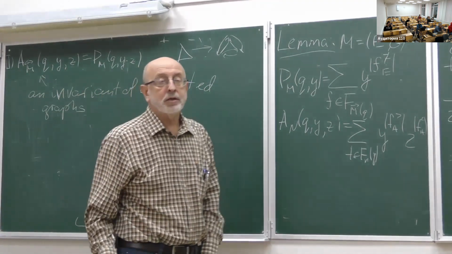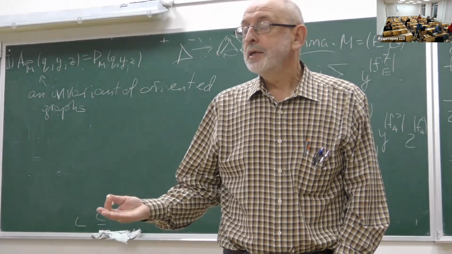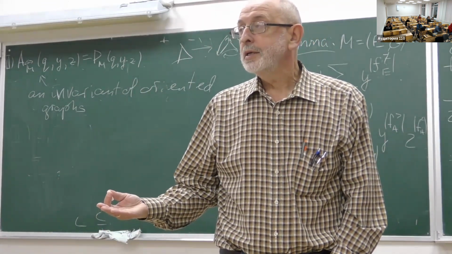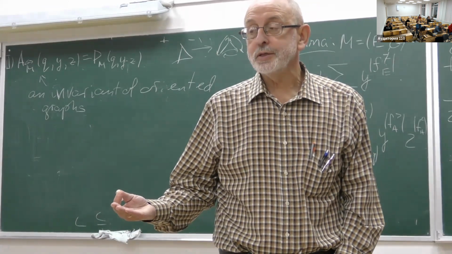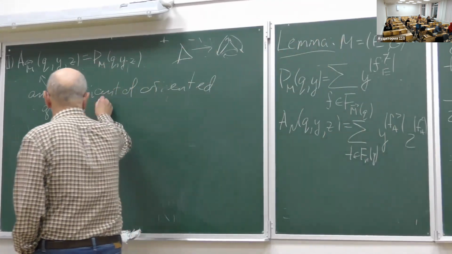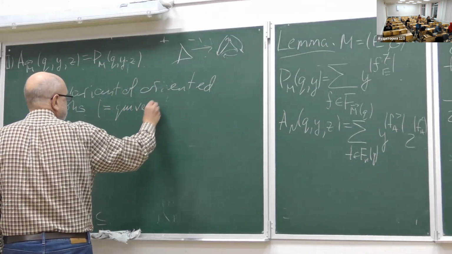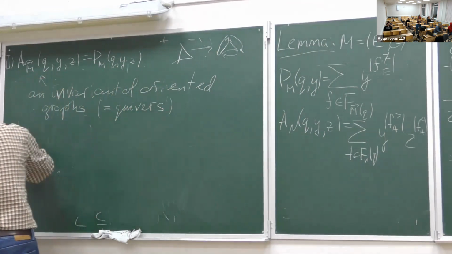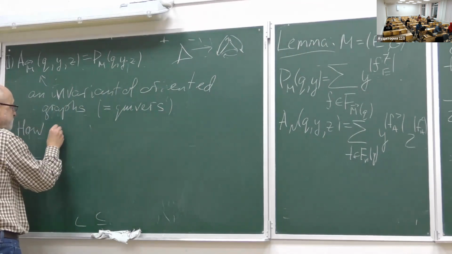An oriented graph is a cluster, it's equivalent. How does it behave with respect to equivalent mutations?